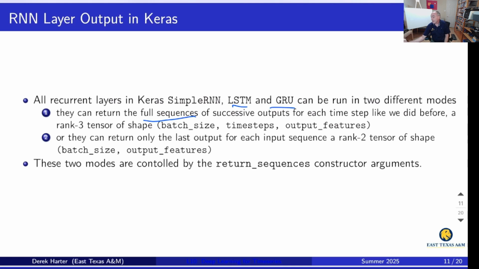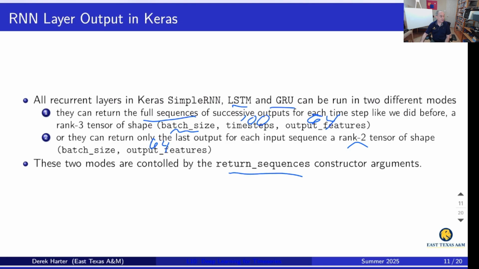Previously, it returned however many batches we had, with 100 time steps, and we were outputting 64 features from this layer. Or you can return just the last output from the layer. In that case, you get a rank 2 tensor of however many batches you had by the number of output features, like 64. Right?